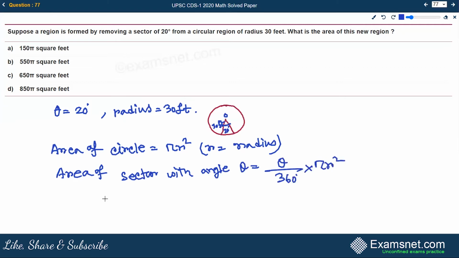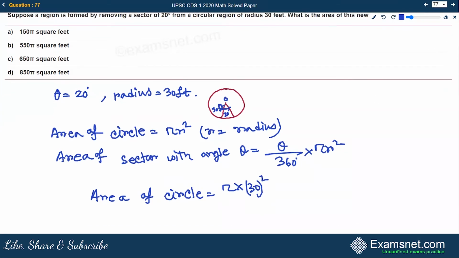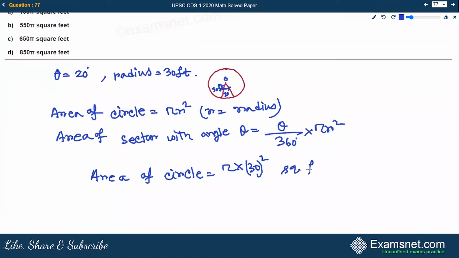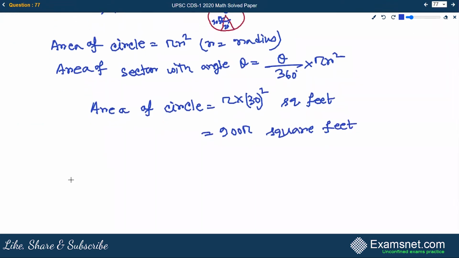Now let's start solving this question. Area of circle is pi multiplied by 30 whole square, so that is 900 pi square feet.